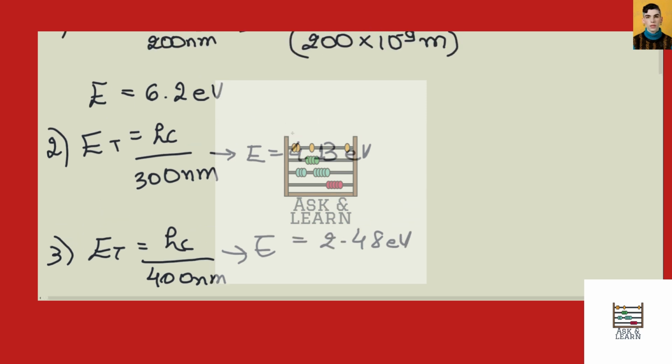So we can see that this is the first excited state, so I'm going to call this E2. This is the second excited state, I'm going to call E3, and this is the third excited state, that corresponds to the level 4. Again, I'm assuming that level 1, the ground state, is 0 electron volts.